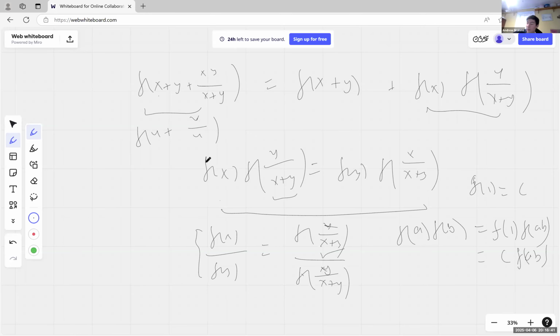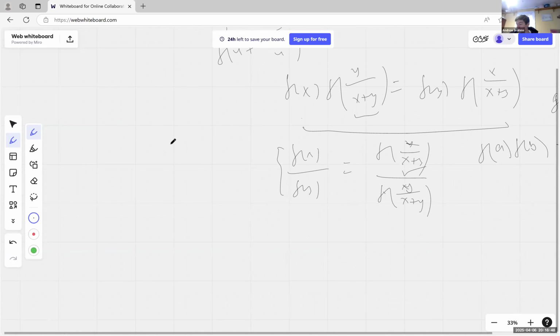Now, if we let our variables be x plus y equal to say u, and xy over x plus y equal to say v, I know that we could have let xy be u, but this makes it a little bit cleaner.